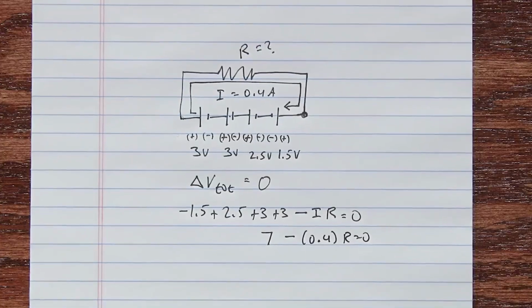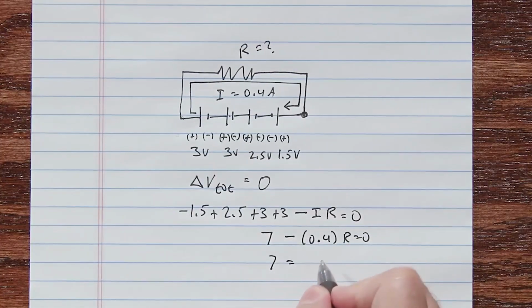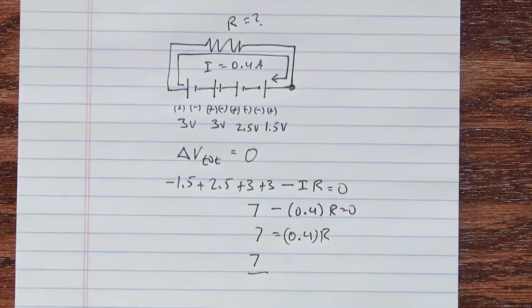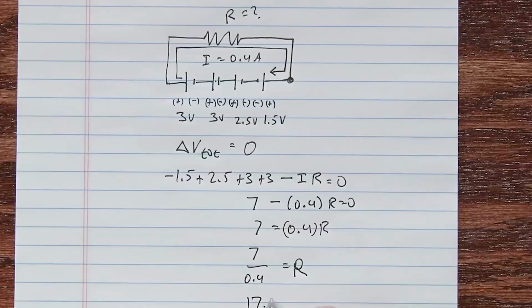So once again, you see that we only have one unknown. So 7 is equal to 0.4 times R, or 7 divided by 0.4 is equal to R. 7 divided by 0.4 is equal to 17.5.